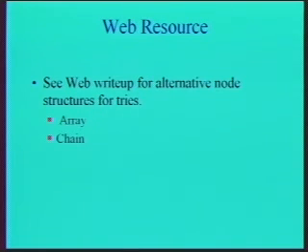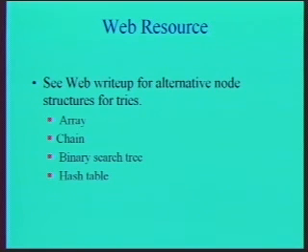You may have a chain, so you keep only the non-null pointers and chain them together. Very useful if you're dealing with very high degree tries. Instead of wasting a lot of space with nulls, you just keep the non-null information. You may even have a binary search tree of non-null pointers. You may have a hash table of non-null pointers.